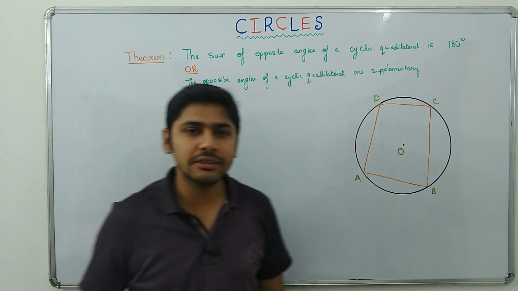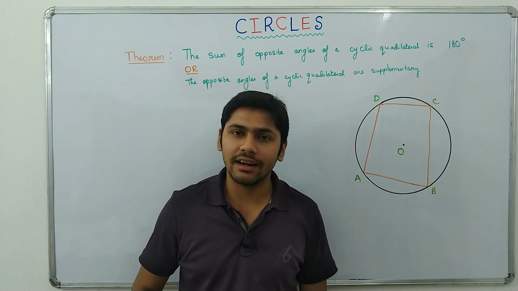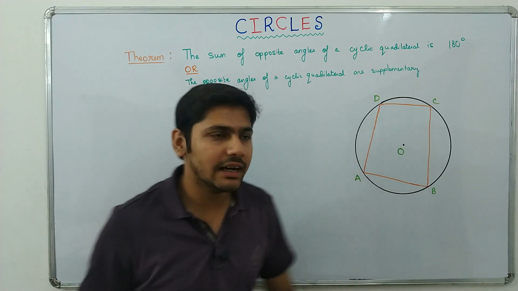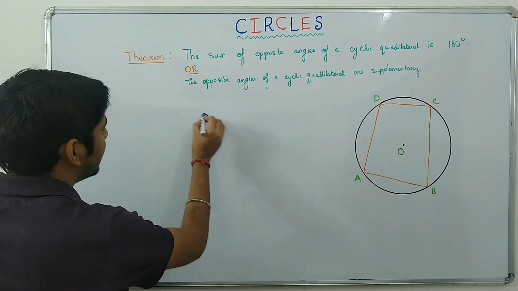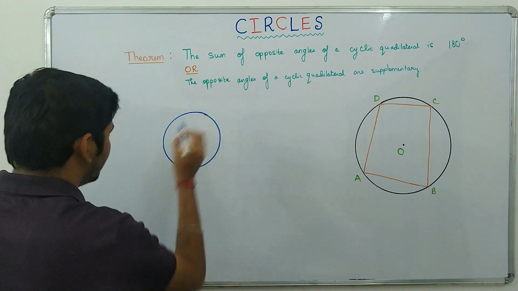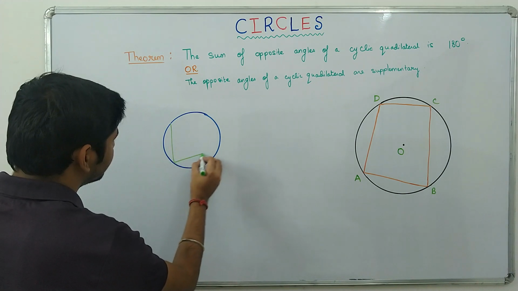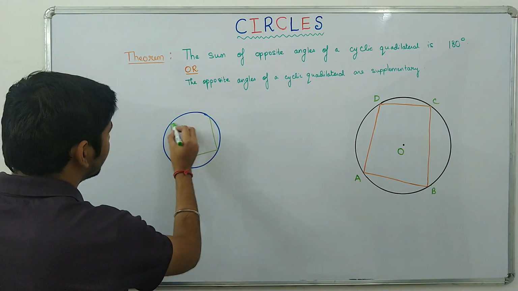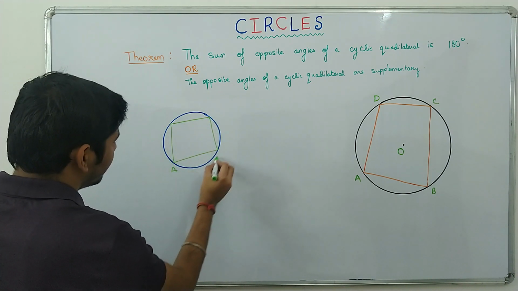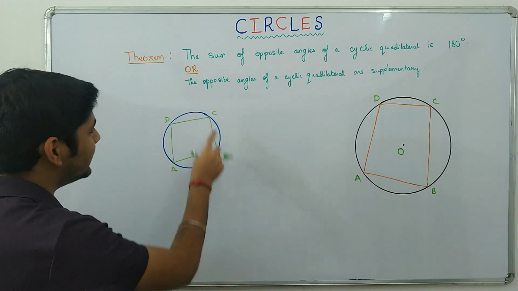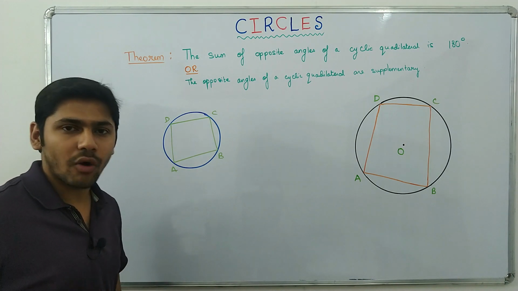Before beginning with the theorems, let me tell you what a cyclic quadrilateral is. A quadrilateral inscribed in a circle is a cyclic quadrilateral. Say we have a circle and a quadrilateral is inscribed in it, say A, B, C and D. So this ABCD is a cyclic quadrilateral.